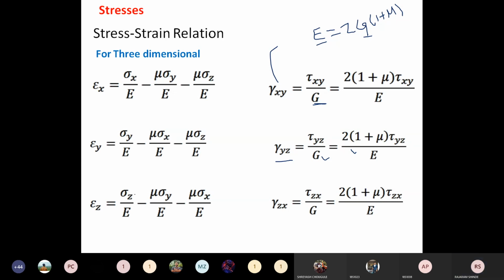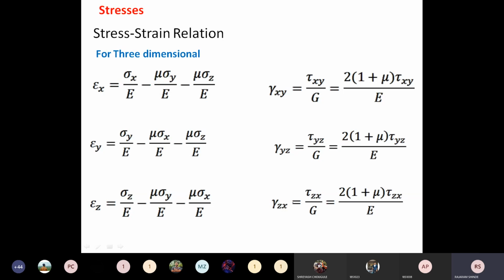Now what I will do is write this in matrix form. What is the matrix form here? On the left side you have the strain matrix, that is epsilon x, epsilon y, epsilon z, the 3 normal strains, and the 3 shear strains, gamma xy, gamma yz, gamma zx.